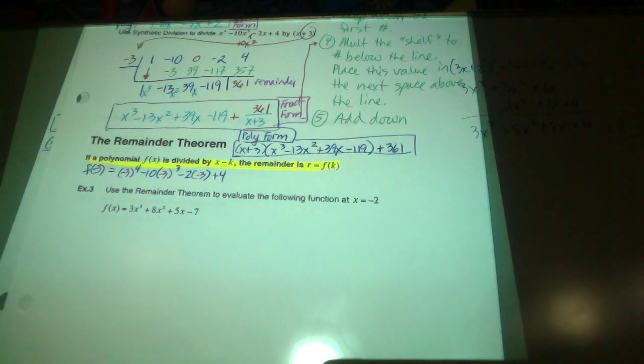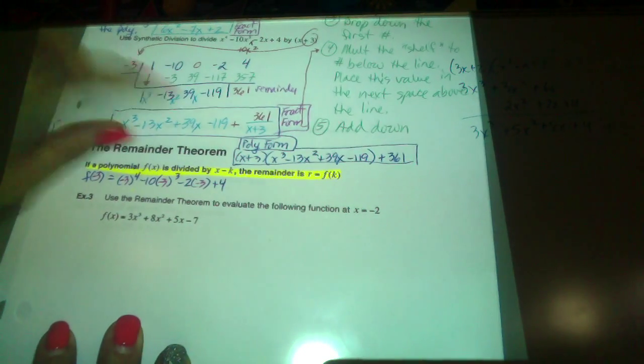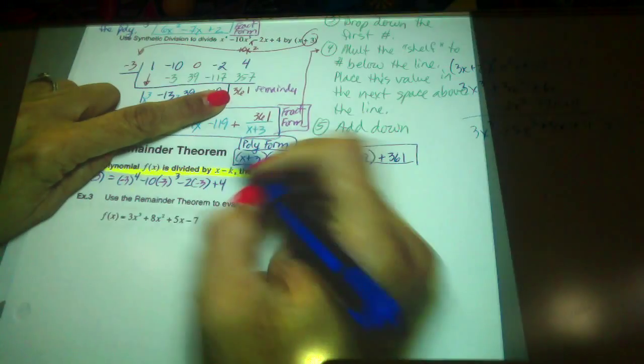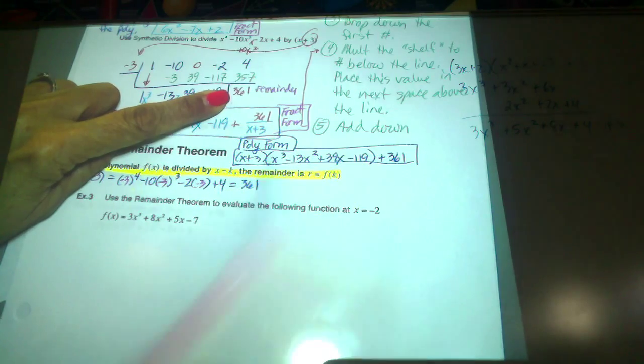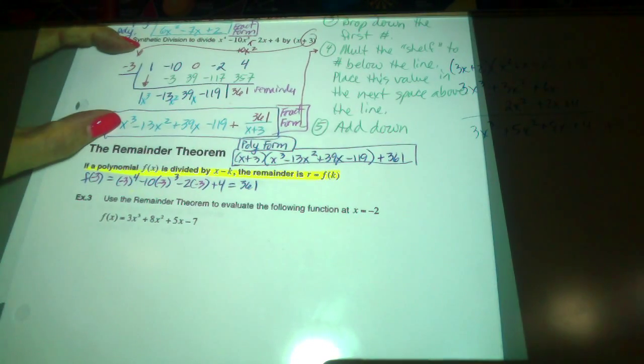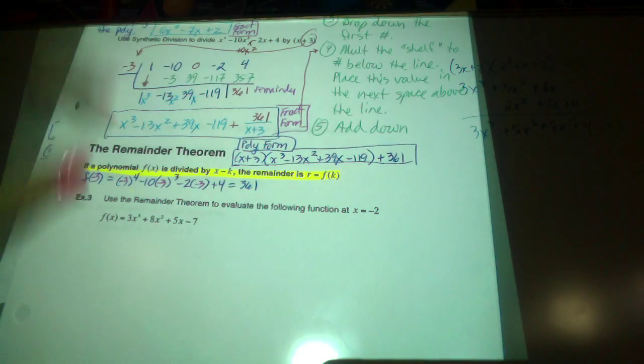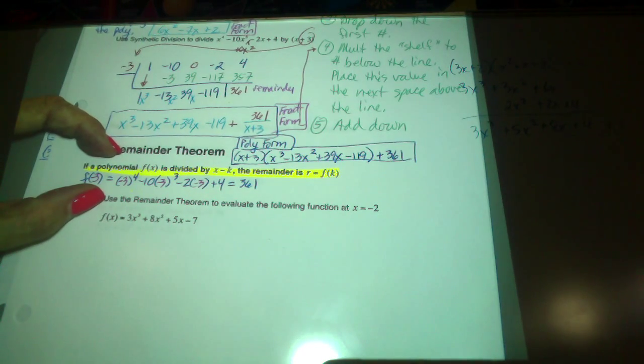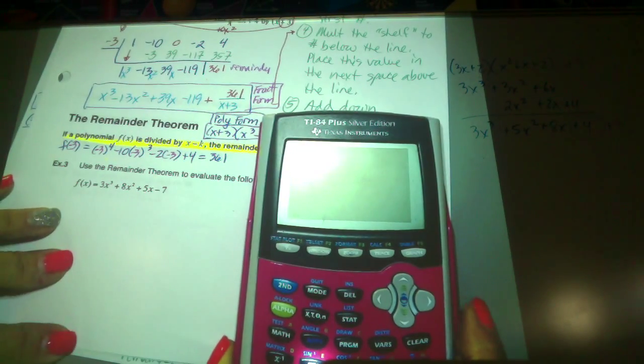Well, what this remainder theorem is saying instead, if you use synthetic division, this remainder here is the answer to that evaluation. The math here in synthetic division tends to be easier than the math in the evaluation. And I will prove to you on my calculator, because I don't want to do it by hand and take up the time.